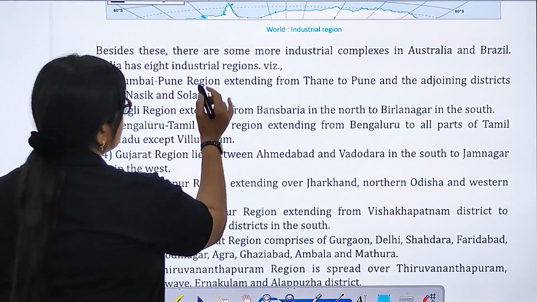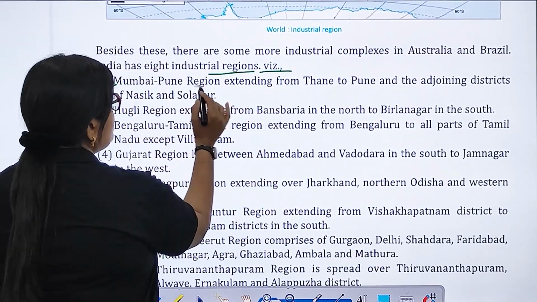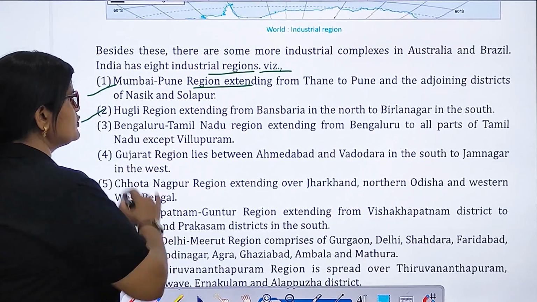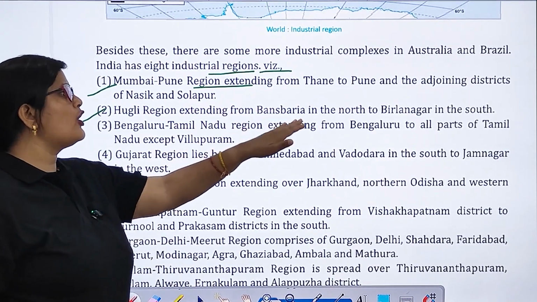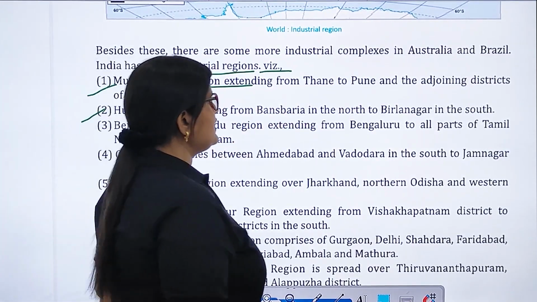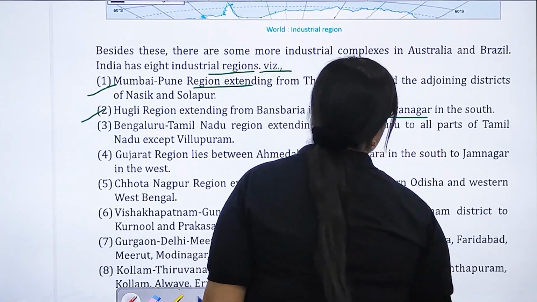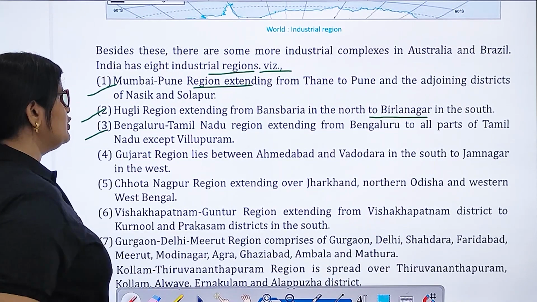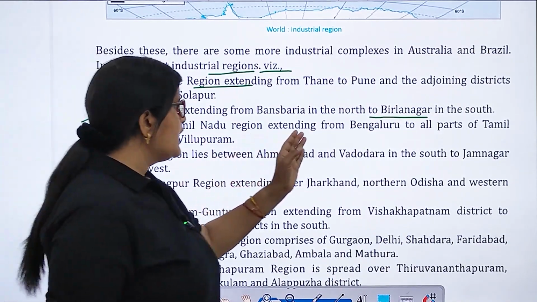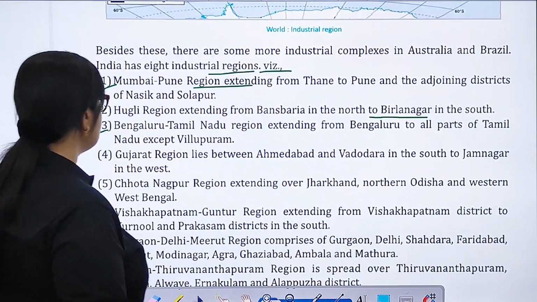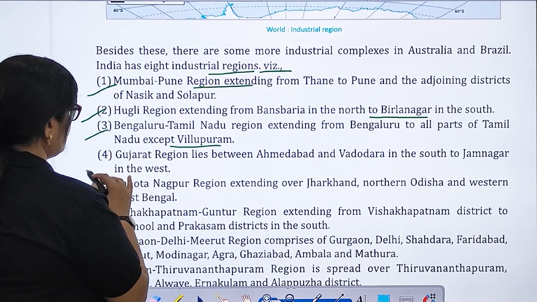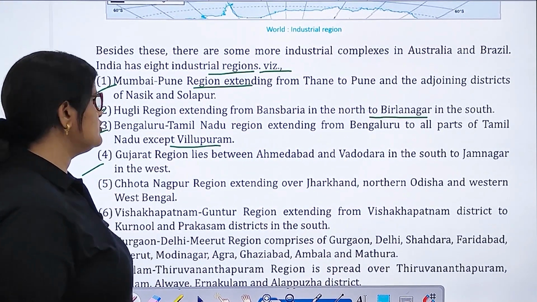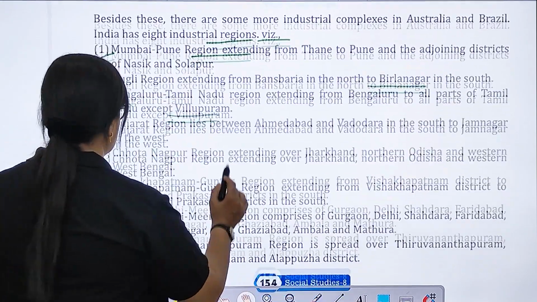India has 8 industrial regions. The Mumbai-Pune region extends from Thane to Pune and the adjoining districts of Nasik and Solapur. The Hooghly region extends from Bansberia in the north to Birlanagar in the south. The Bangalore-Tamil Nadu region extends from Bangalore to parts of Tamil Nadu. The Gujarat region lies between Ahmedabad and Vadodara in the south to Jamnagar in the west.